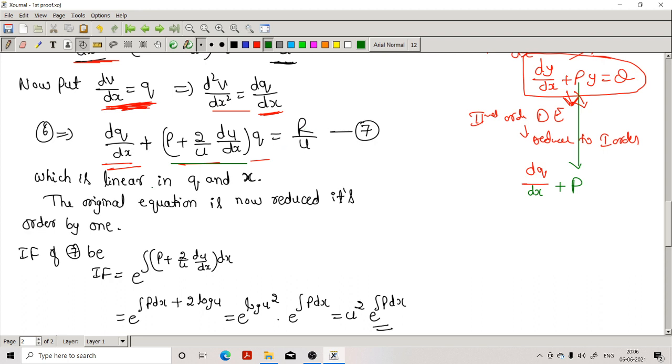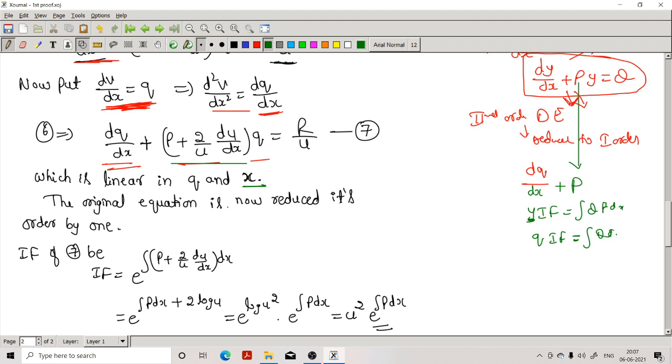Therefore this is a linear differential equation in a dependent variable q and an independent variable x. Therefore the solution is in the form of, not y into integrating factor is equal to integration of q into integrating factor dx plus c. In place of y we will have q. Therefore q into integrating factor is equal to integration of whatever the RHS is, into integrating factor, plus c.